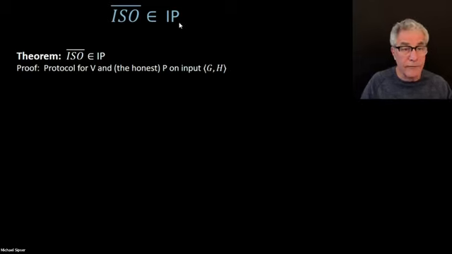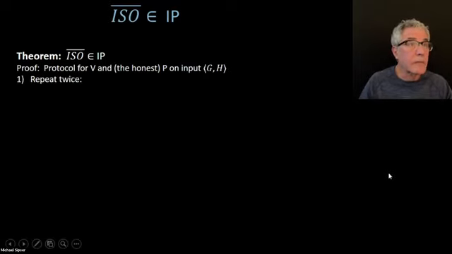So there's going to be a verifier together with a prover, which are going to make the verifier accept with high probability for strings in the language, namely graphs not being isomorphic. And there's going to be no way to make the verifier accept with high probability for strings out of the language, that is, when the graphs are isomorphic.